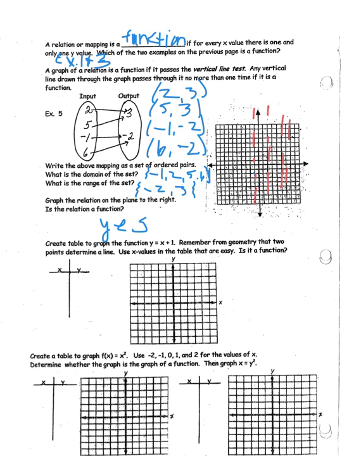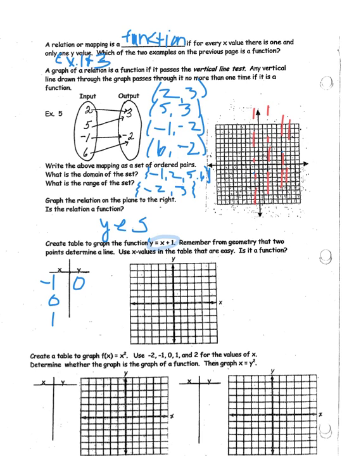We're going to create a table here to graph y equals x plus 1. We'll pick some x values to substitute. We'll pick -1, 0, 1. You should probably pick a negative, a positive value, and 0. We're going to substitute that into y equals x plus 1 and determine what our y value is. If we substitute -1, we'll get 0.